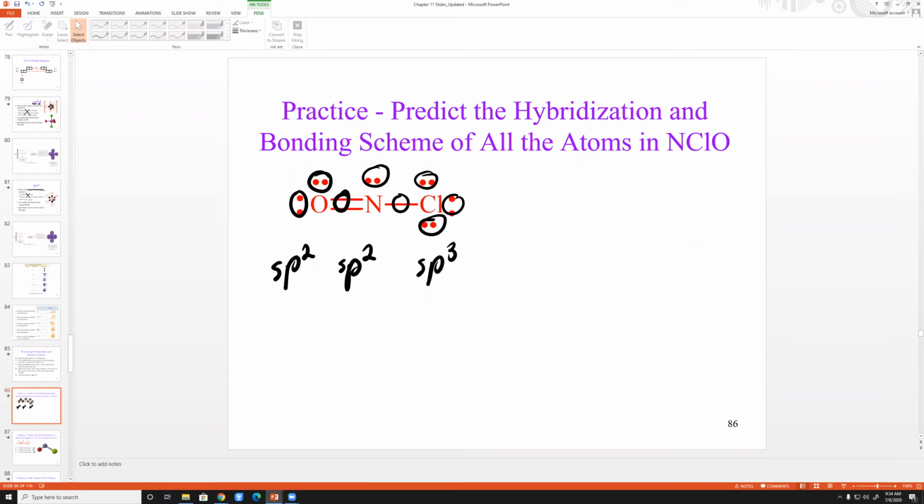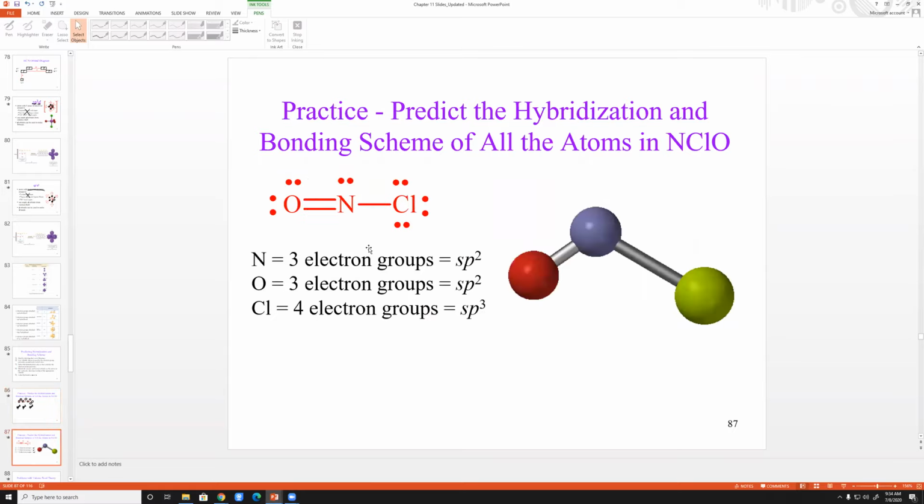What they mean by bonding scheme is really the length of the bonds, how it's going to be represented. And we know, based on the size and the type of bond, what the bond length is going to be, because bond length is inversely proportional to bond strength. So the shorter the bond, the stronger it is. And we know that double bonds are stronger than single bonds.